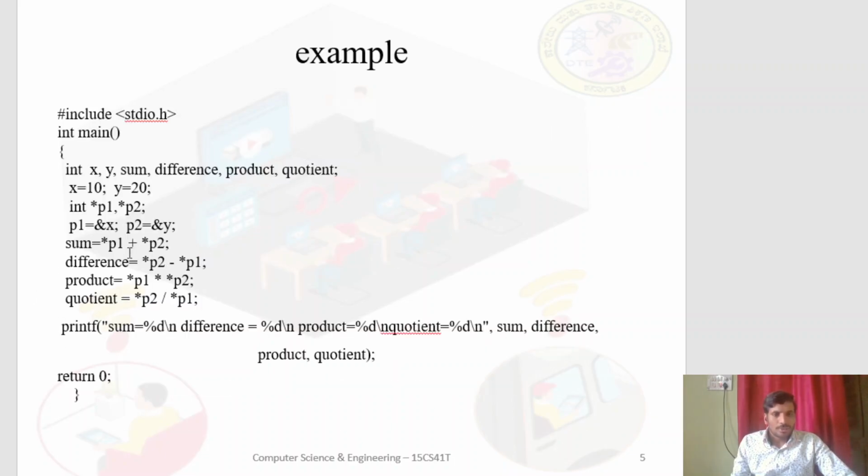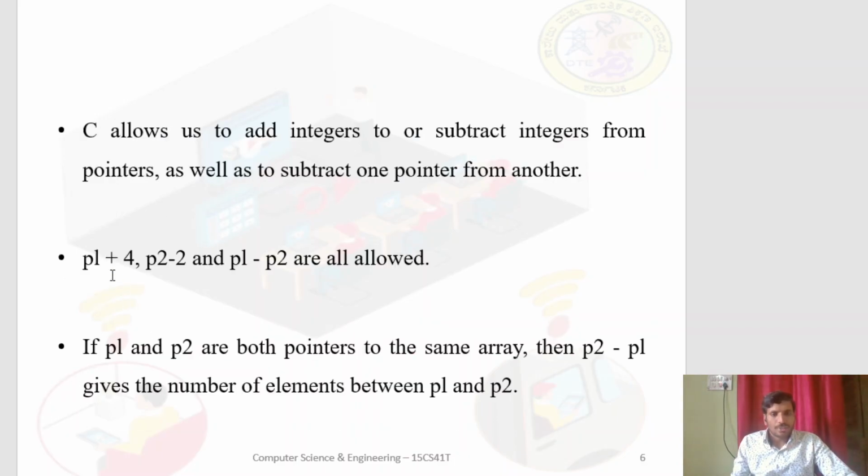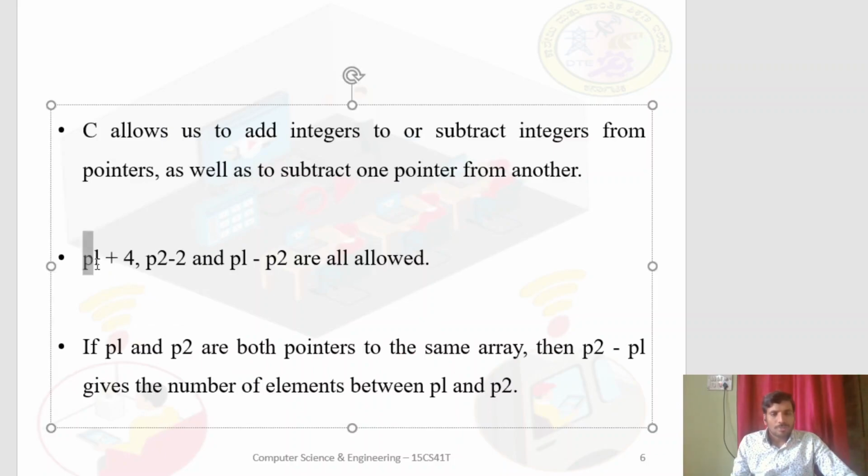In the last example we added *p1 and *p2, meaning the values of the variables, which were 10 and 20. But here we are not taking *p1. Here we are just taking p1 plus 4. The meaning of this is we are adding the integer 4 to the address where p1 is pointing.